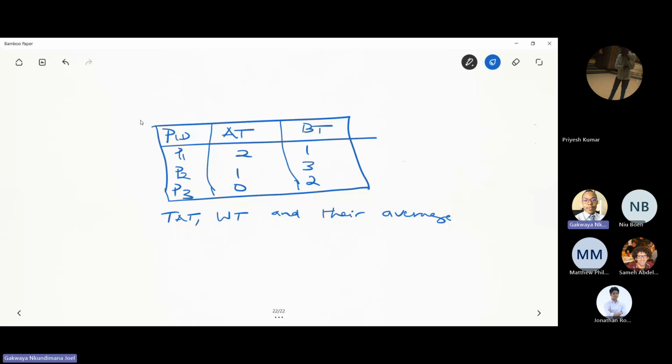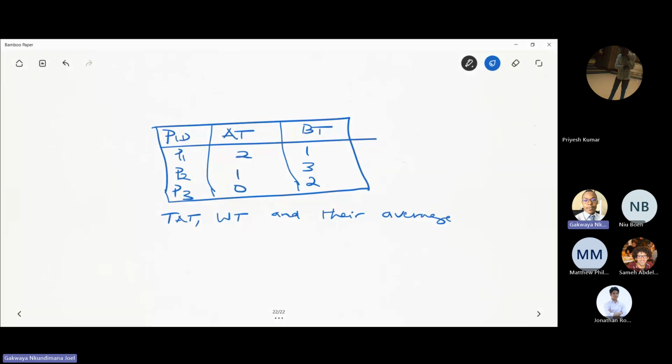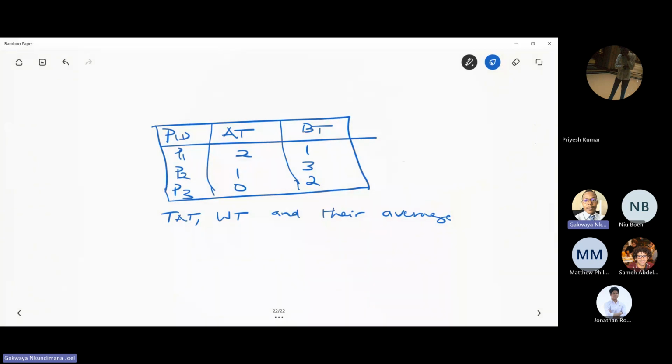For those who may not understand, let's look here. Before you start looking at the burst time, you need to look at the one which came earlier, which is P3. To calculate the turnaround time, you need the CT, right? To find the CT, you need the Gantt chart.